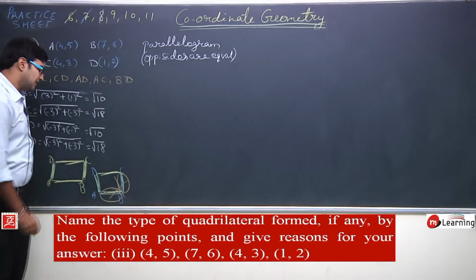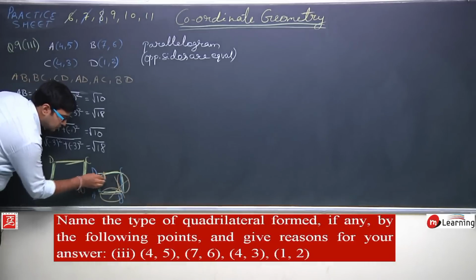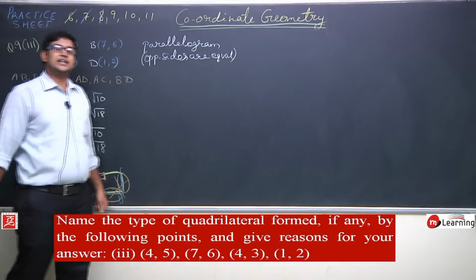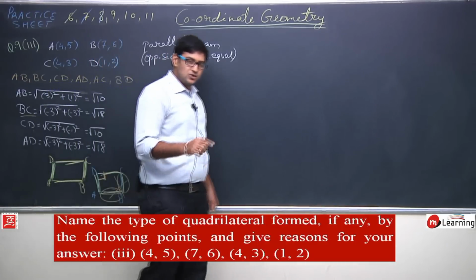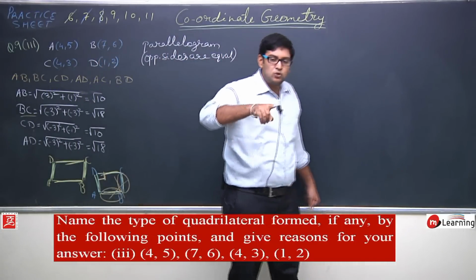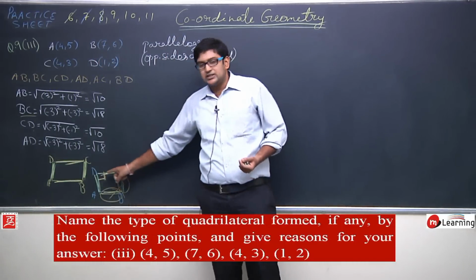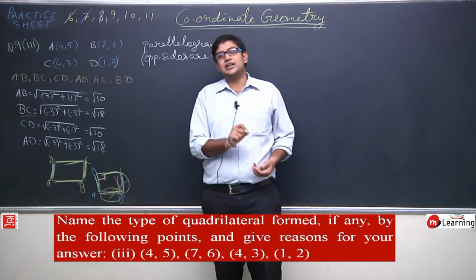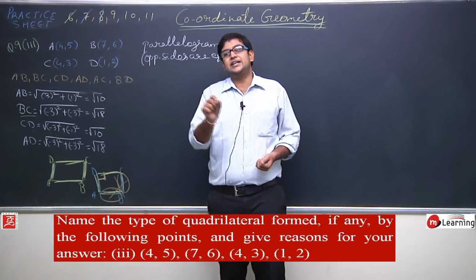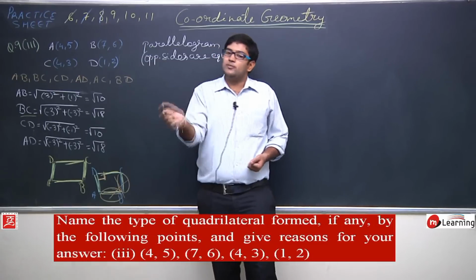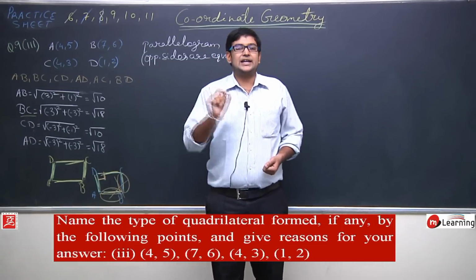That condition is one of the angles should be equal to 90 degrees. So if somehow I prove that one of the angles of this parallelogram is 90 degrees, then it will automatically become a rectangle.